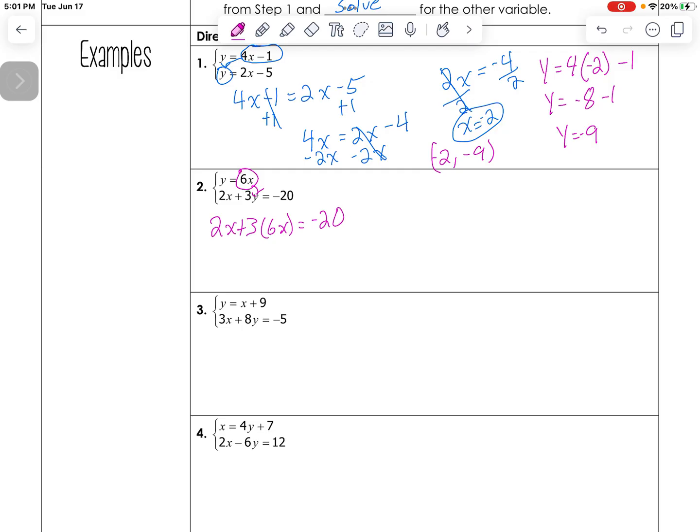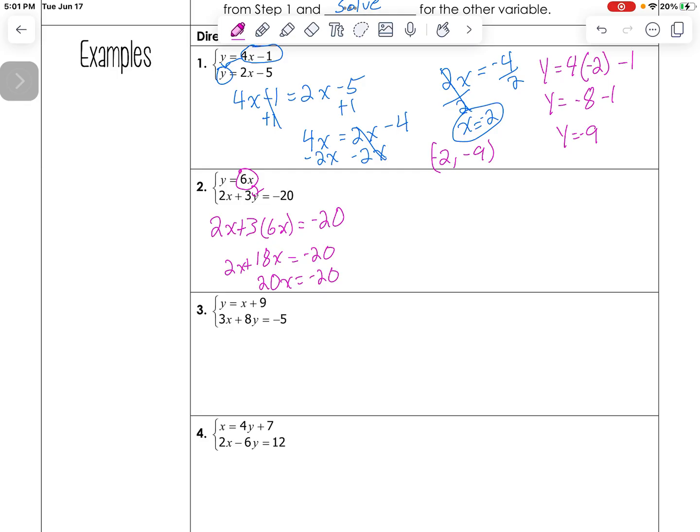All right. Now, how are we going to solve this? Good. 3 times 6. What is that? 18. All right, and since it's 6x, we have to have an x next to it. Yep. All right, so what is 2x plus 18x? 20x. Good.